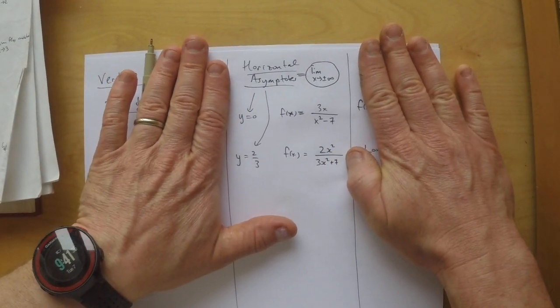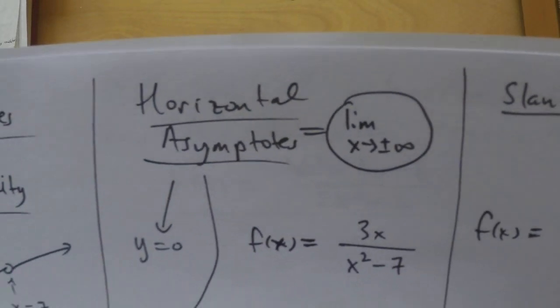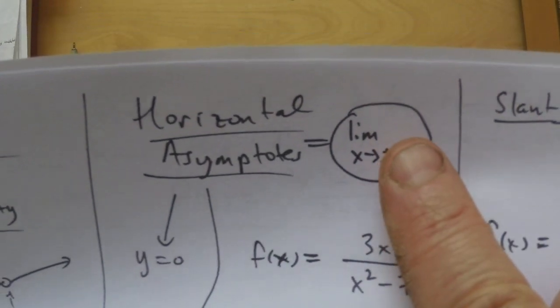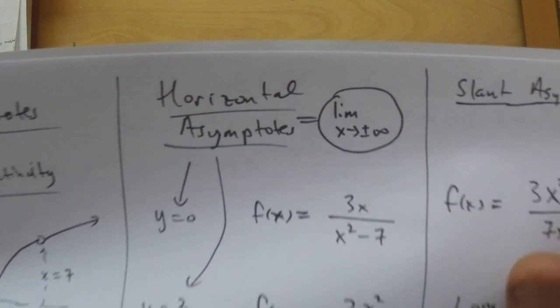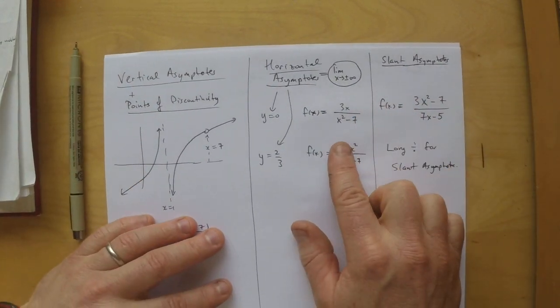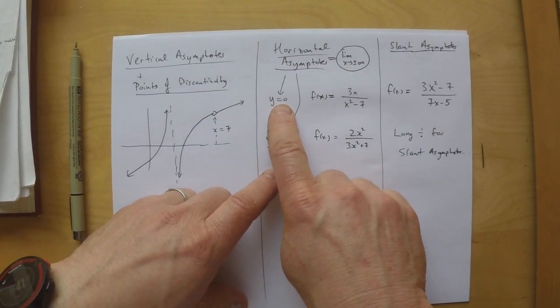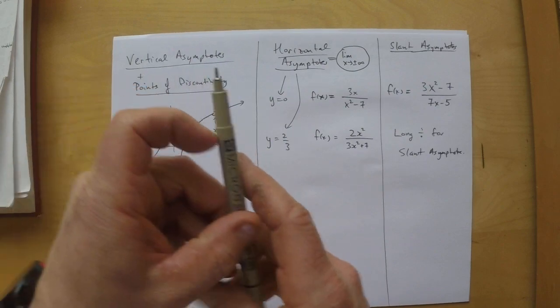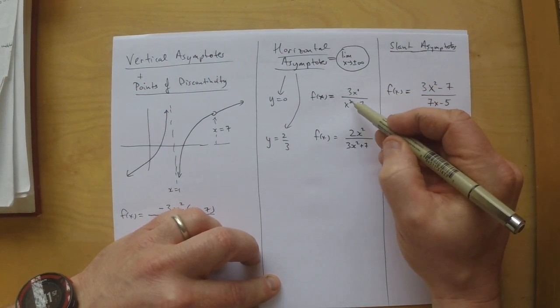Horizontal asymptotes. Don't forget that horizontal asymptotes always, always, always come from the limit as x approaches positive or negative infinity. That's really important. And as a quick tool from pre-calc 12, you have a y equals 0 horizontal asymptote if the numerator degree, power 1 here, is less than the denominator.